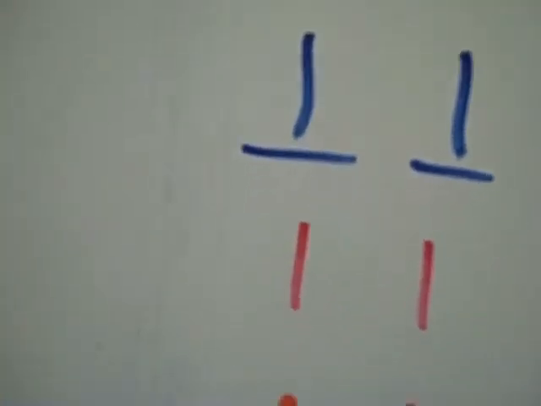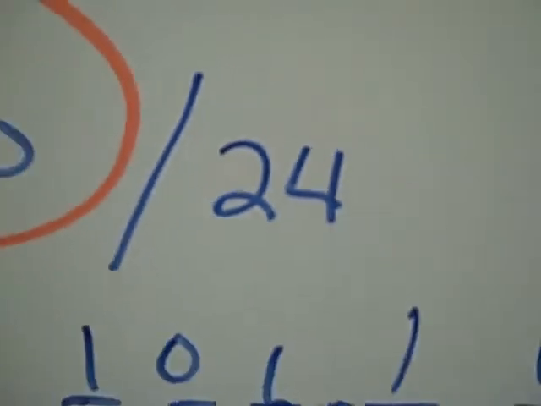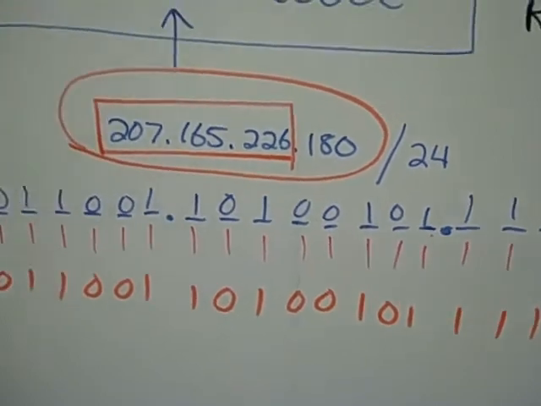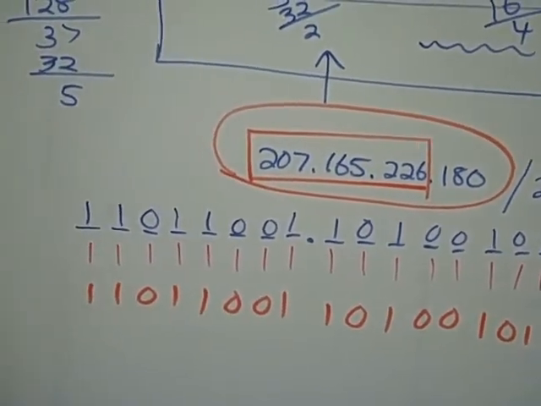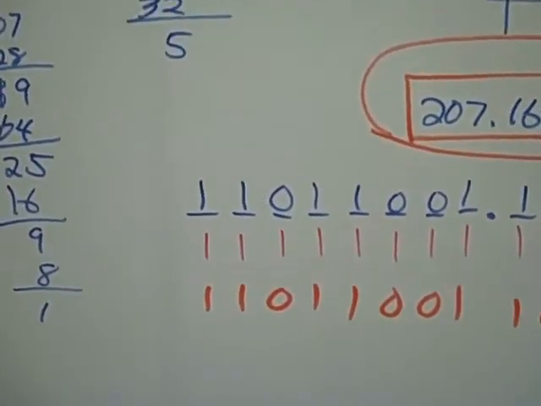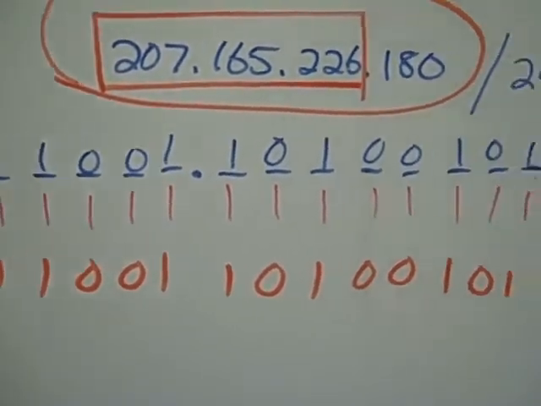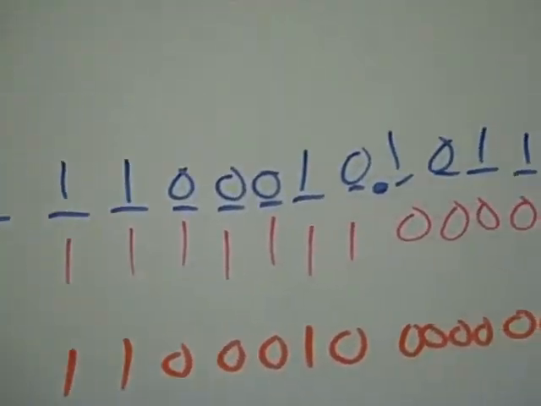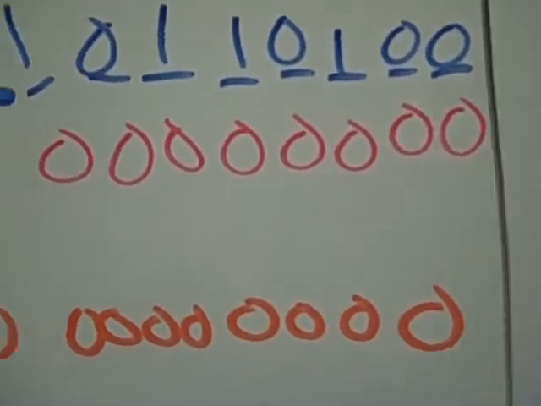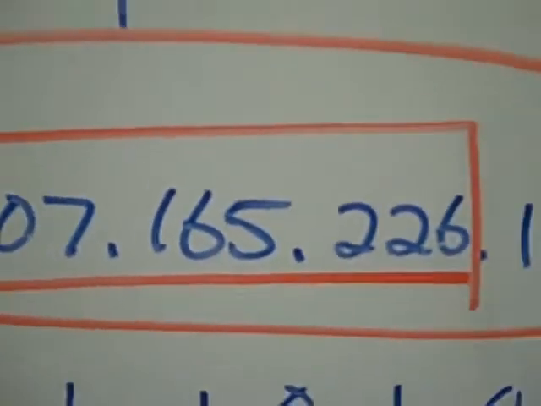The red underneath there is the mask, /24. And then the orange would be the AND. And you can see by the ANDing process what we end up with is what's in the box.